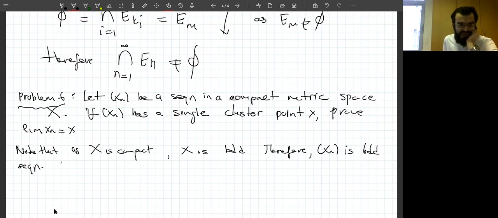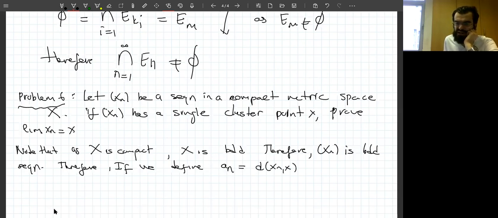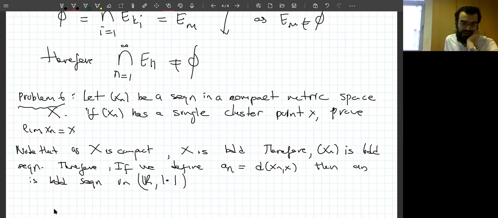So, therefore, if we define a sequence of real numbers a_n as d(x_n, x), then a_n is a bounded sequence in here. Let's note this. This is our first note.